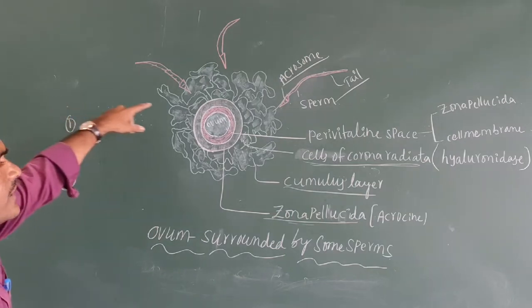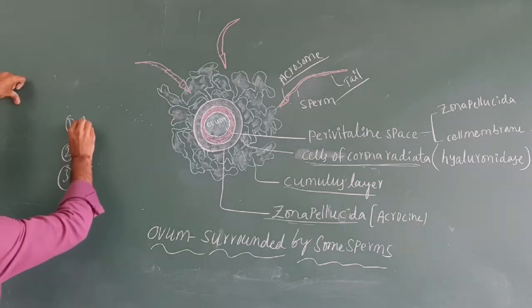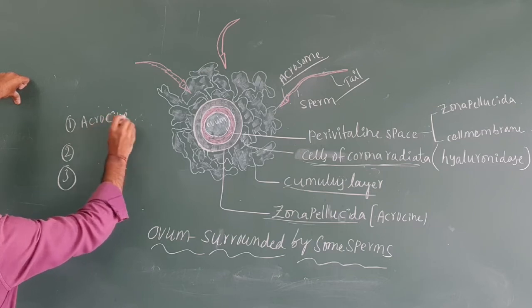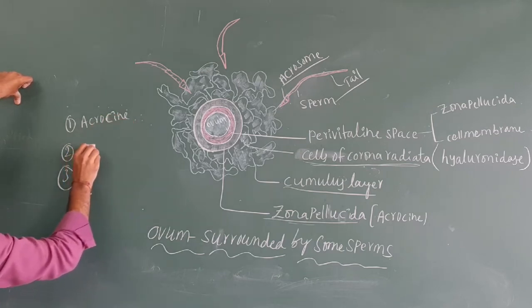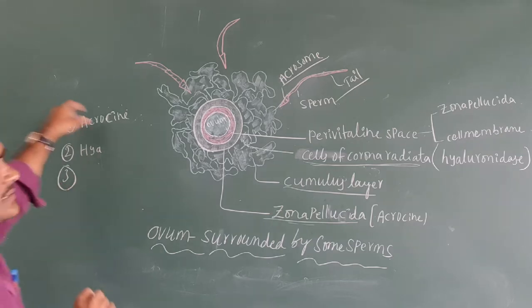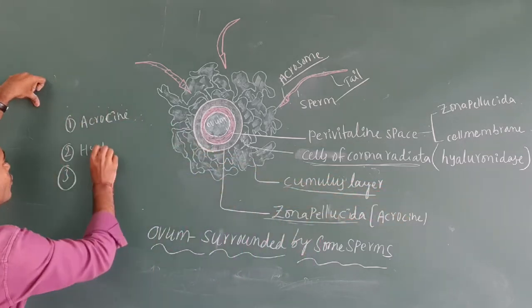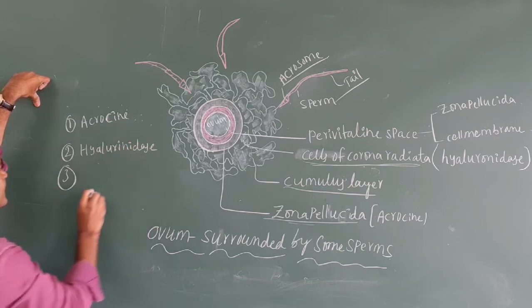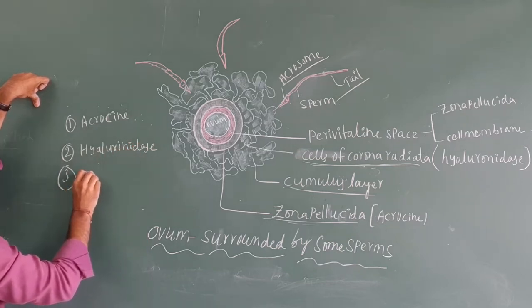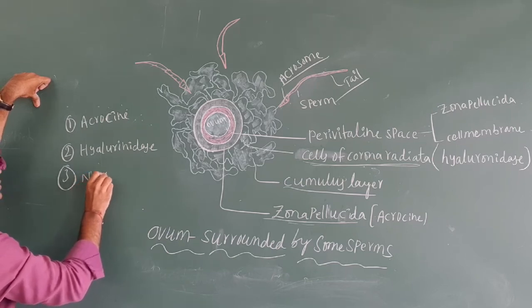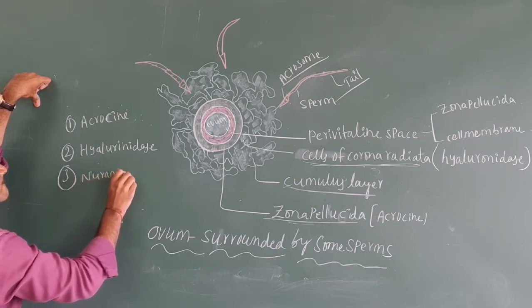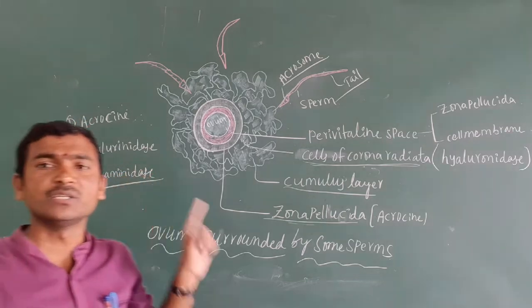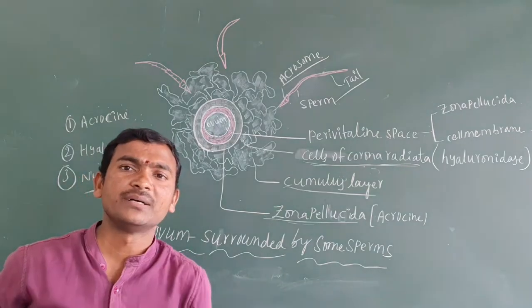The first one is acrosin enzyme, the next one is hyaluronidase enzyme, and the third one is neuraminidase. Three types of enzymes are released by the acrosome of the sperm.